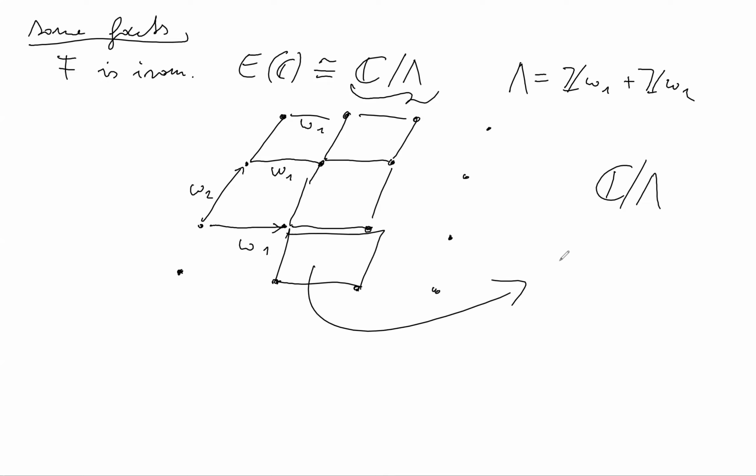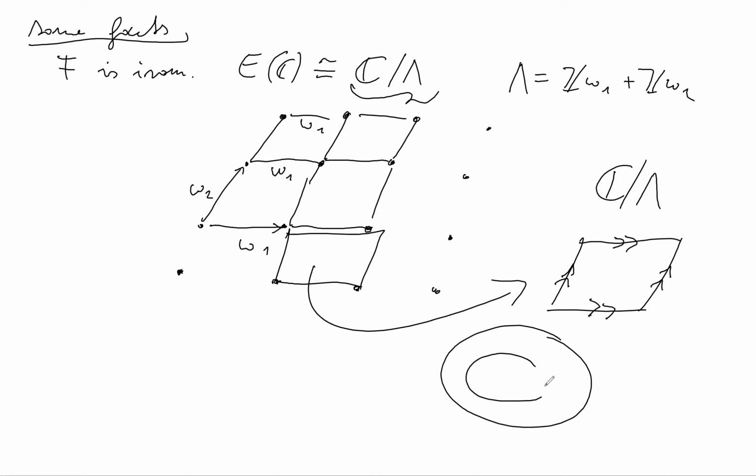We identify these two sides because we mod out by Lambda, and we also identify these two sides. Then if you roll this nicely up, the thing that remains is this torus. So that's why we call this object a torus.